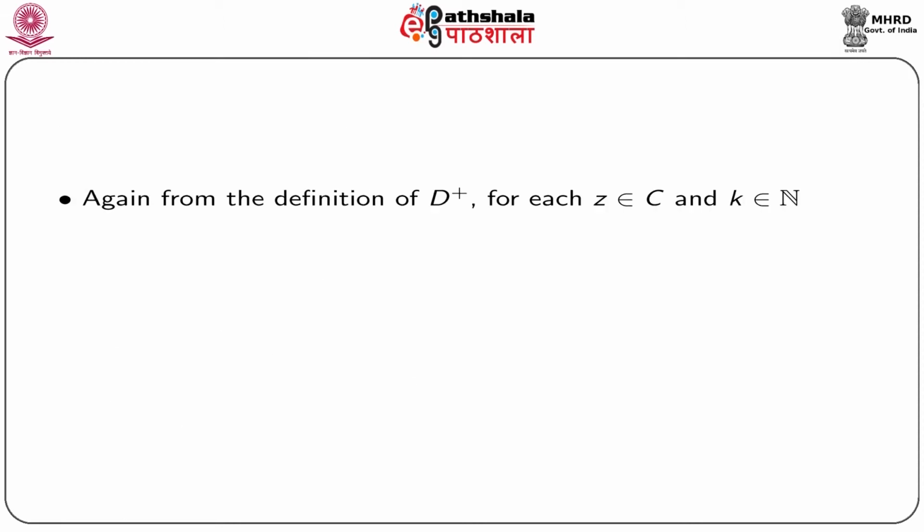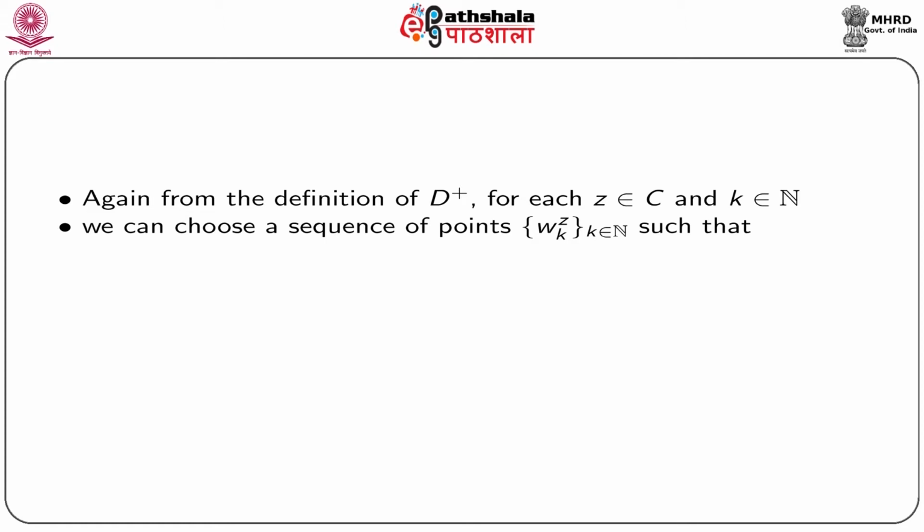Now, we use the definition of D upper plus, and for each z belonging to C and for each positive integer k, we can choose a sequence of points w_{z,k}, k belonging to N, which has this property that z < w_{z,k} < z + 1/k, and the closed interval [z, w_{z,k}] is chosen so small that it is contained in the open interval (x_r, y_r) for some r.